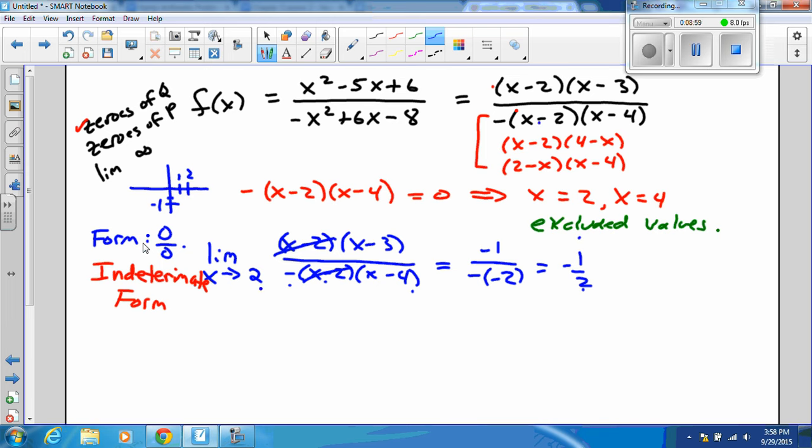At x equals 2, my fraction fails to exist. So I have to put a hole in the graph right here, but all of my y values around that hole are going to be close to negative 1/2. The fact that I have a limit indicates that there is a hole at the point x equals 2 with the y coordinate of negative 1/2. And the limit tells me that.